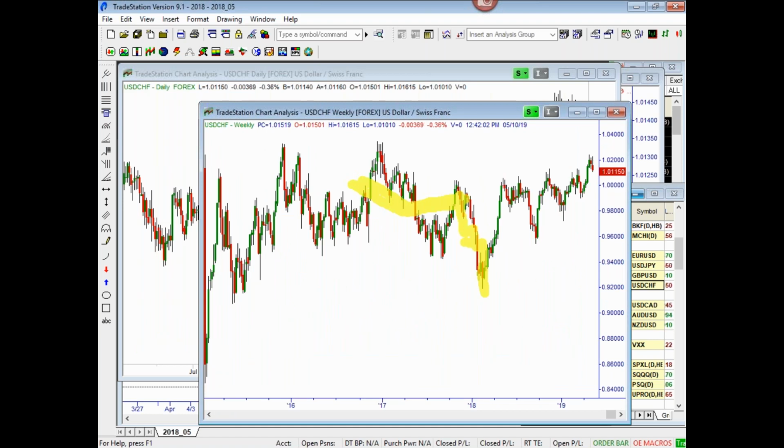Weekly is not as good. It's kind of messy because you can see it was trying to do the Phoenix out of that wedge, but like I told you guys before, when you're getting a strong break to the upside, ideally what you'd want to see is a second low that kind of pushes things out.